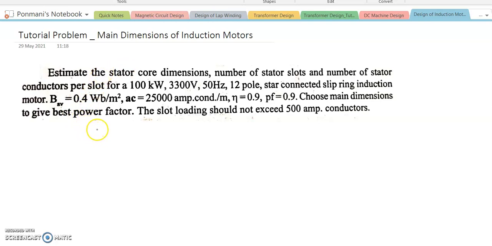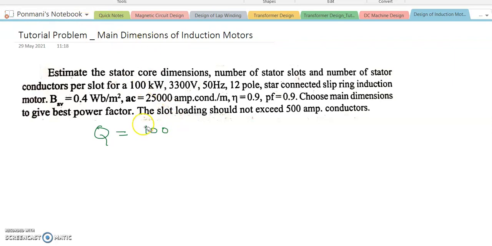So the kVA output Q we are going to calculate. The kVA input in a motor is 100 kilowatt. In terms of kilowatt only, we will be calculating kilovolt ampere.